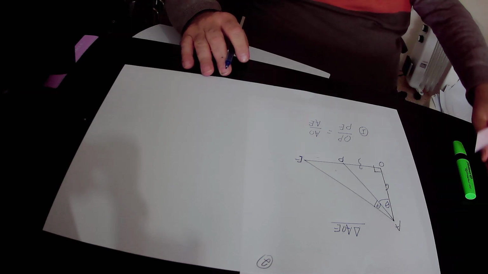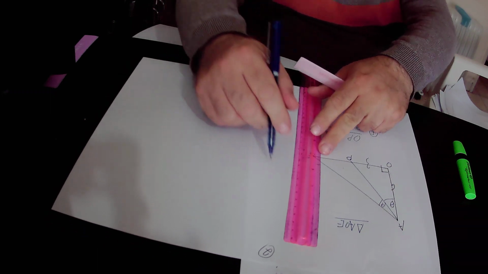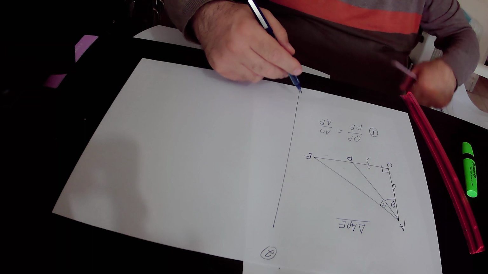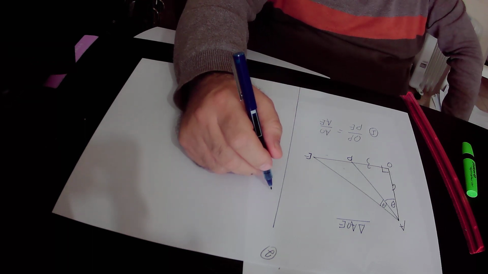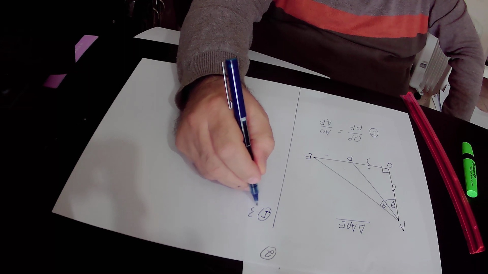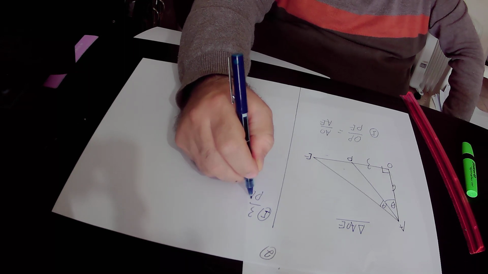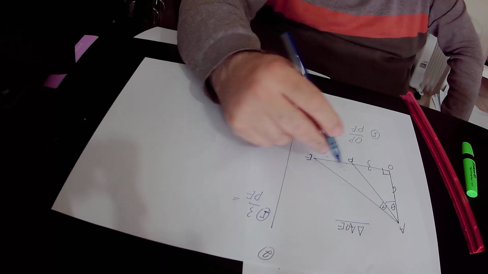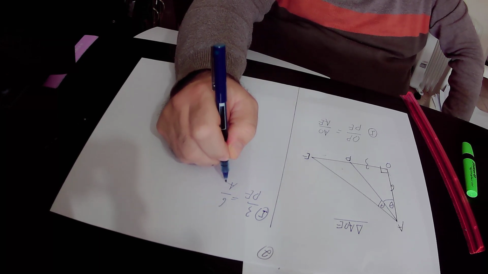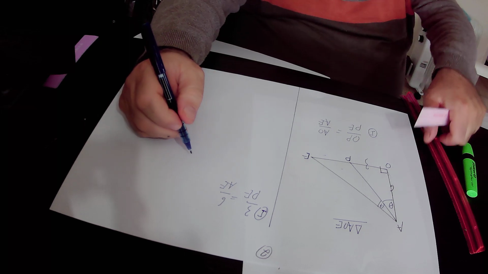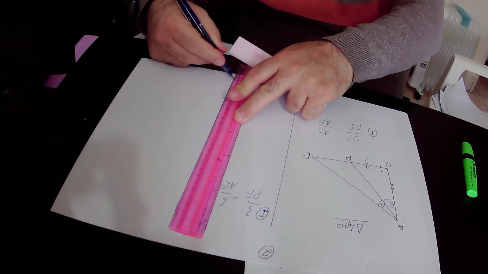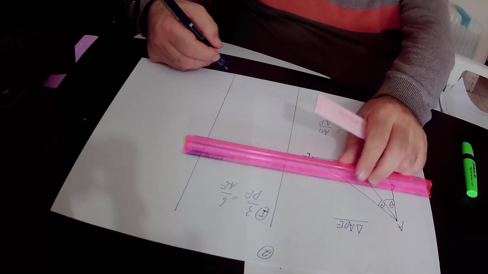So here OP equals 3 units, so we substitute OP by 3 over PE. AO equals 6 units according to what is given in the question. So in conclusion, according to equation number 1, 3 over PE equals 6 over AE.